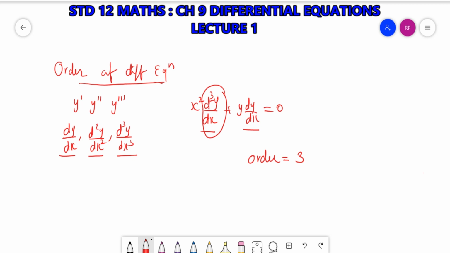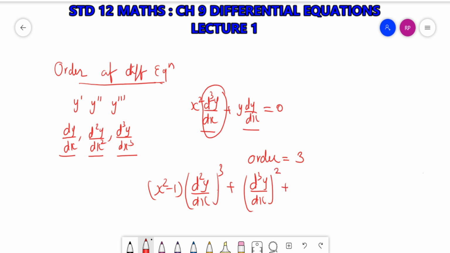I am writing once again, giving one more example. x square minus 1 times d square y by dx square whole raised to 3, plus d cube y by dx cube whole raised to 2, plus dy by dx whole raised to 4, is equal to, let's say, y.